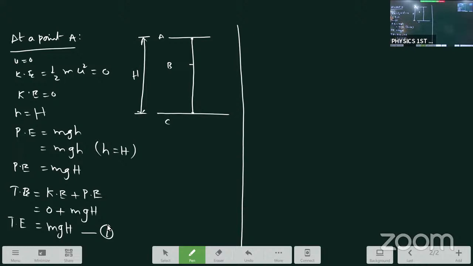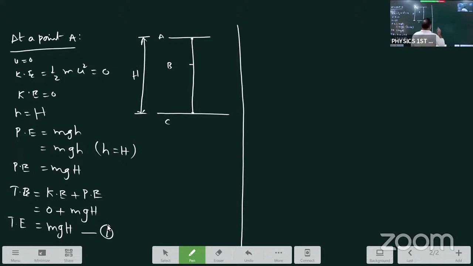Velocity is 0, so with kinetic energy half m v square, the total is 0. The height is capital H, so the potential energy is mgH. The total energy is KE plus PE, that is mgH only.